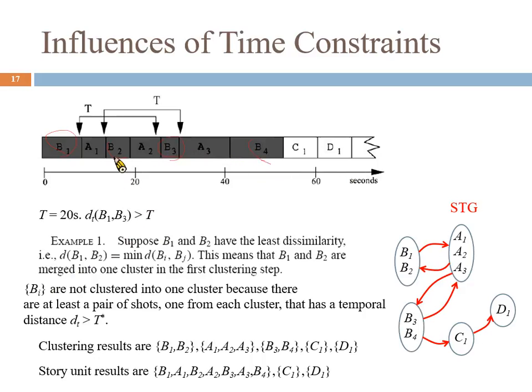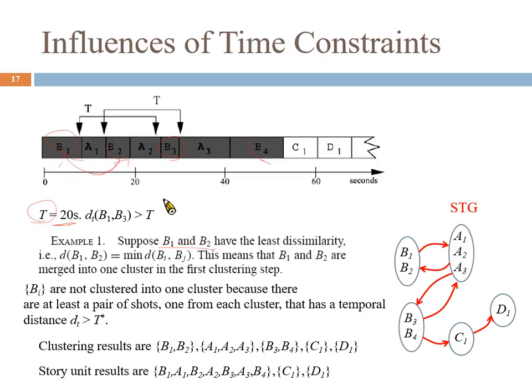And right now we have already done the shot change detection, and then we try to cluster. Okay, so if we set the time constraint T as 20 seconds, and suppose B1 and B2 have this similarity, we will cluster B1 and B2 first. Okay, there's no problem here.